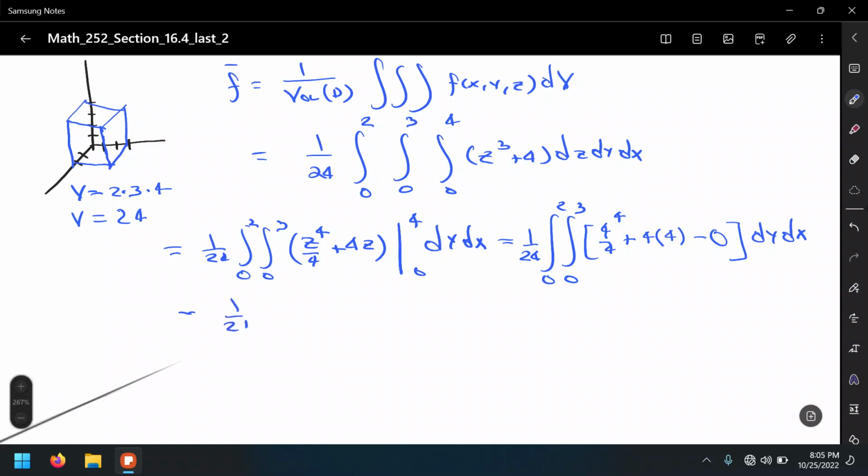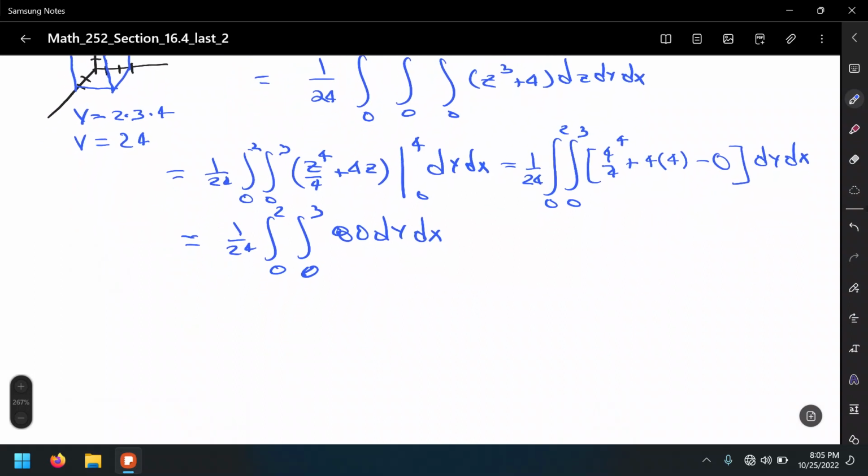So that's 1 over 24, and from 0 to 2 and 0 to 3, that's 80 dy dx. All right, and then from here, what about integrating this with respect to y? So that's just 1 over 24, integral from 0 to 2, and that's 80y evaluated from 0 to 3, with respect to x.